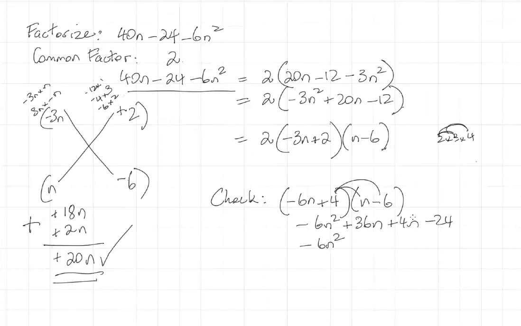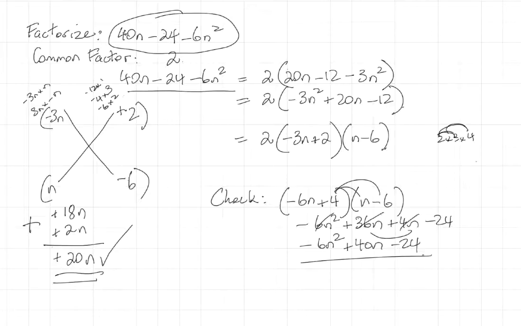Negative 6n squared, collect like terms, 36n plus 4n is plus 40n, and then minus 24. Now that is the same as the question that was asked up there, so we know our answer is correct. So there's my answer, factorised. In this case we've got 3 factors.